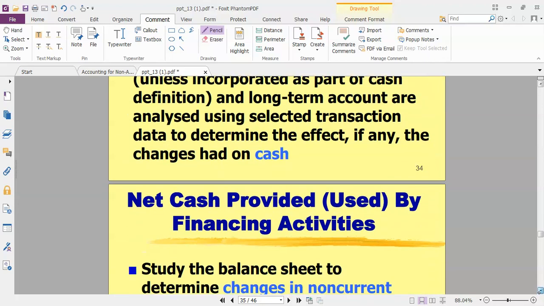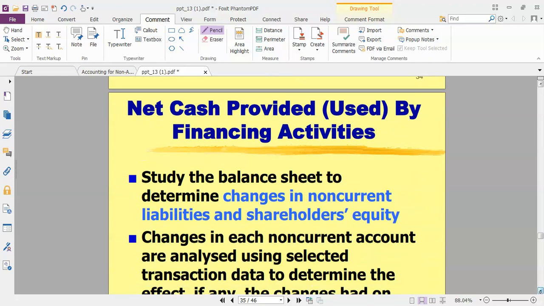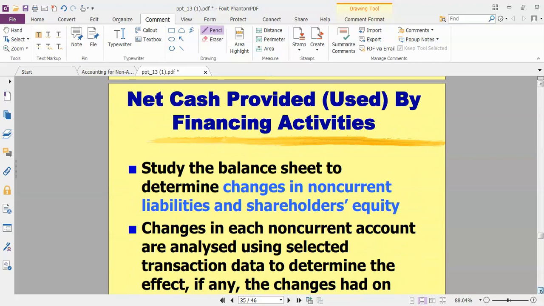Okay. So for the financing activities also, we study and we calculate the difference, the changes of the non-current liabilities and shareholders' equity from the balance sheet statement.